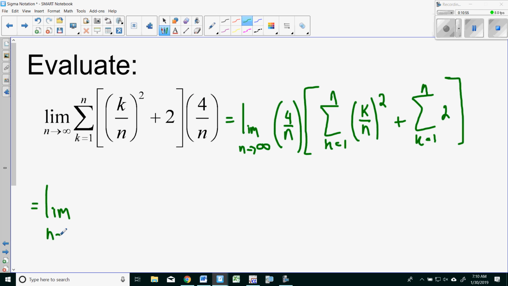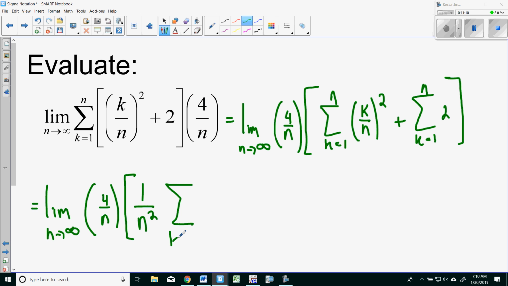But that n, once again, is not in my sigma notation, so I can pull that out, and I'm going to get 1 over n squared in the front, and my sigma notation is 1 to n of k squared plus sigma notation 1 to n of 2.